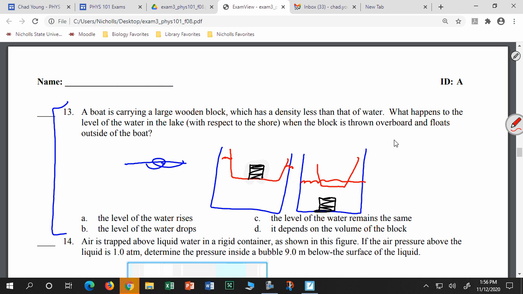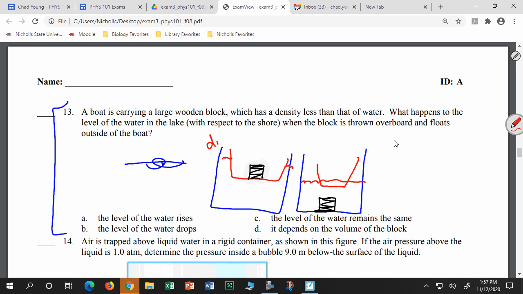You can sort of think of it in a couple of ways. The boat is just displacing a lot less volume here because it's not riding as low in the water. And so that's one reason that the water level goes down. I mean, that is the reason. But here on the left, the block is displacing its weight in water. And on the right, the block is displacing its volume in water.